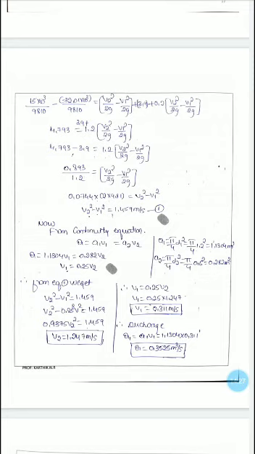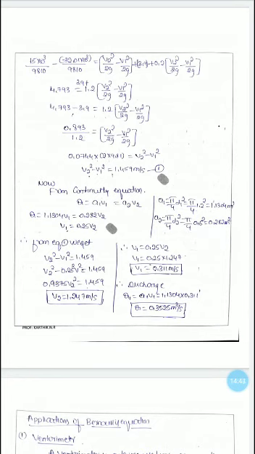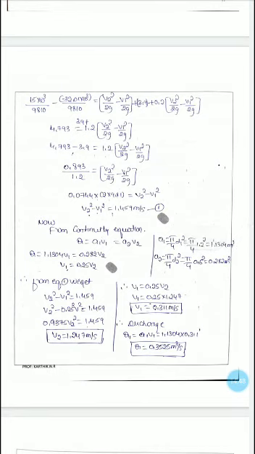On substituting the values, we get V1 is equal to 0.25 into V2. Substituting this V1 in terms of V2 in equation 1, we get V2 as 1.247 meter per second. Since V1 is equal to 0.25 times V2, V1 is equal to 0.311 meter per second.